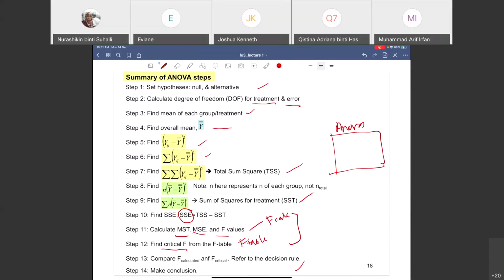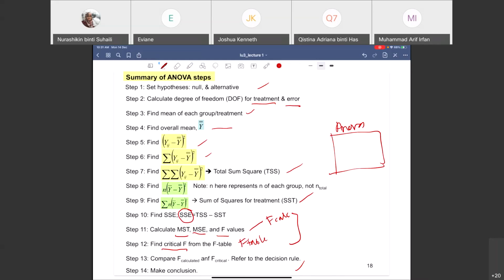Then what is TSS? From there you can know SSE. SSE is equal to TSS minus SST. And then you have to calculate MST and MSE. I hope you got what I said just now by referring to the table.